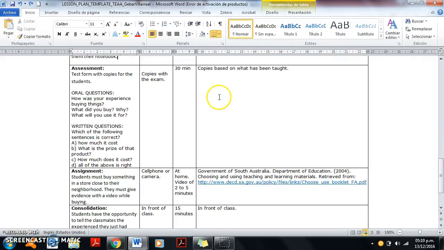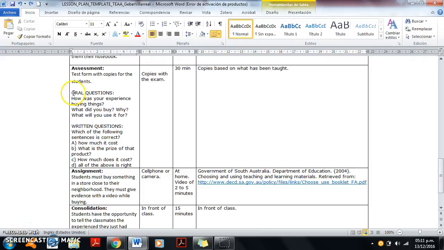Also for the evaluation or assessment, this is an easy assessment, a test or exam with copies for the students. The focus of this lesson is on writing and speaking, and that's why we're using these materials.